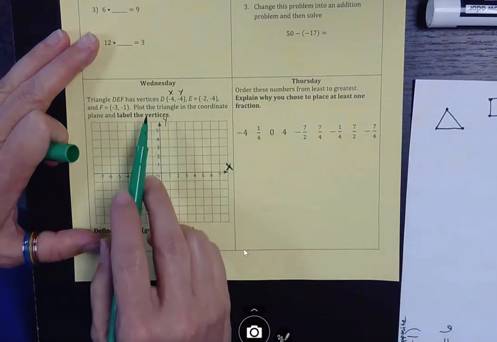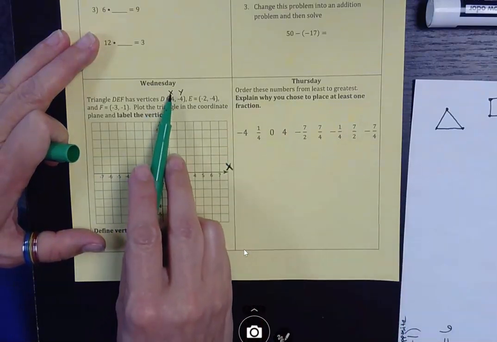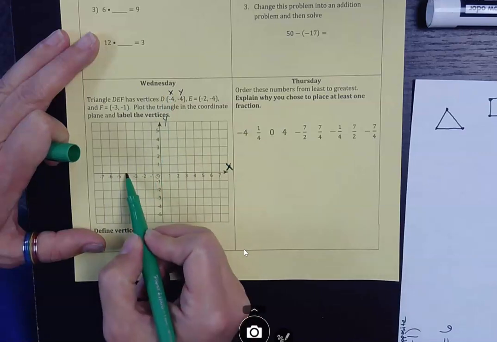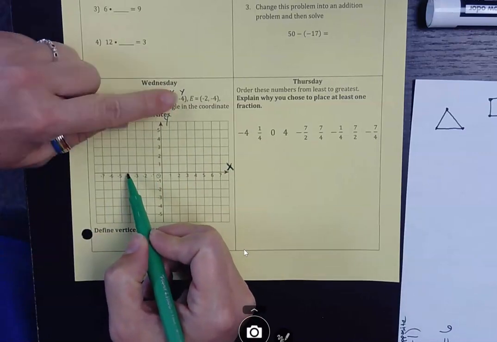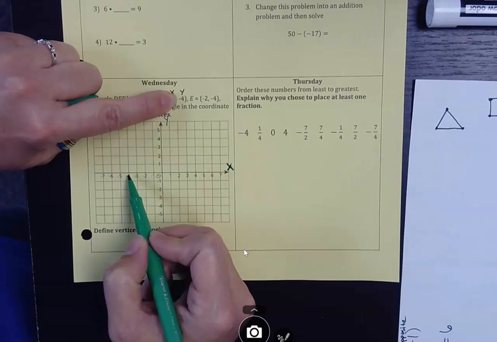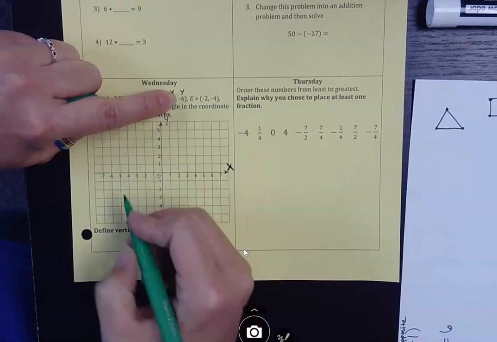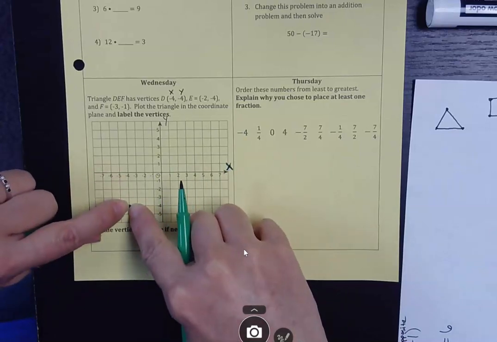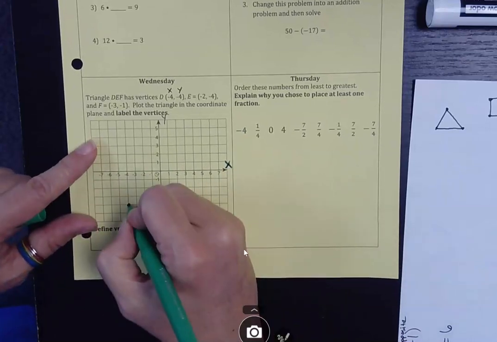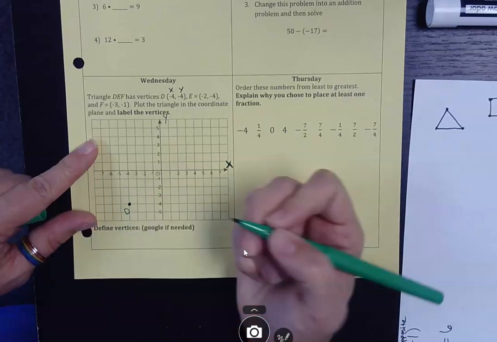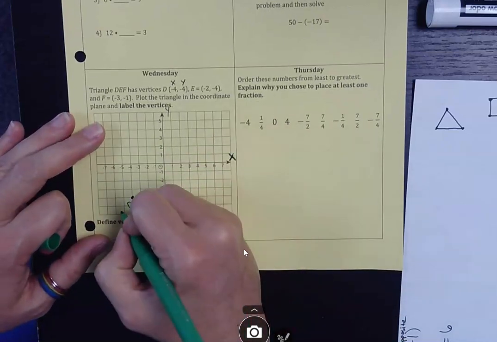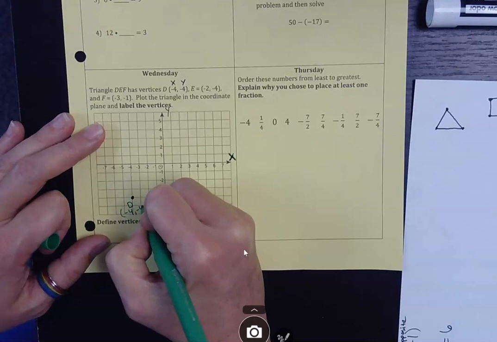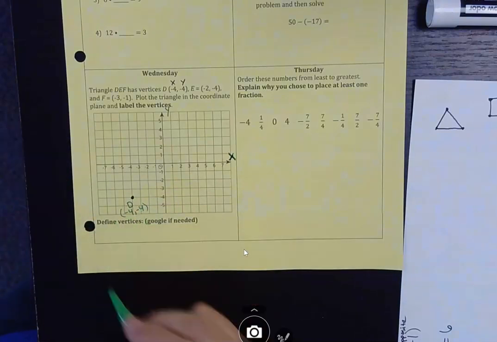So now if I'm trying to plot this point, I need to go to my x first, so -4, and then I need to go to my y, which is -4. This time I'm going down over here. So this is the point -4, -4. That meets right there, and then to label it means put your D there. You could label it with its coordinates, but you need to do the rest of them also.